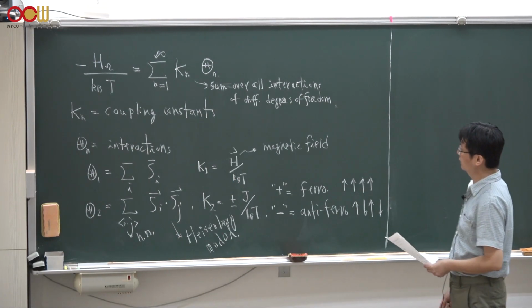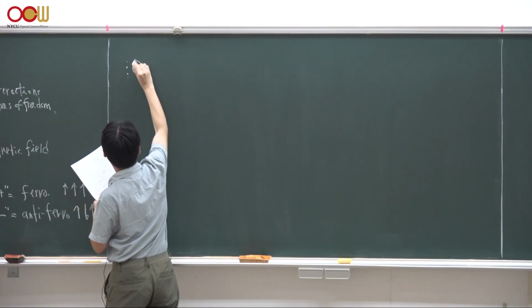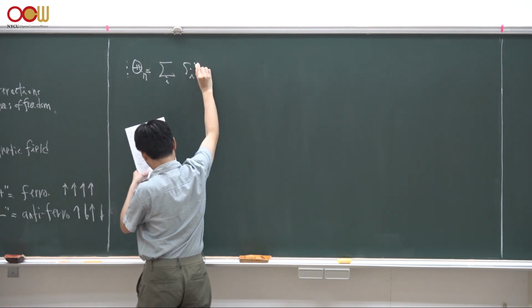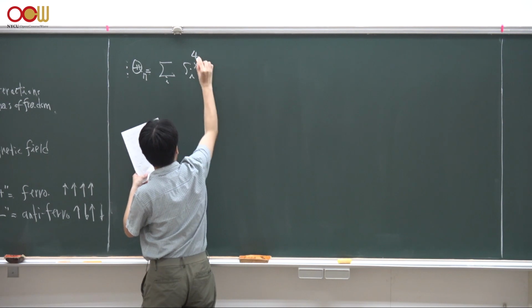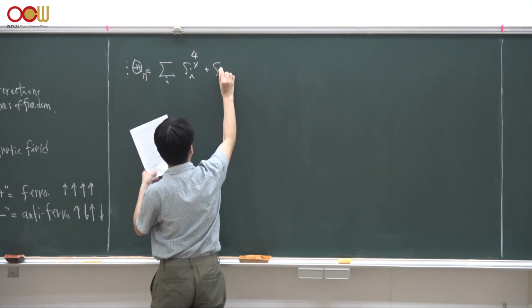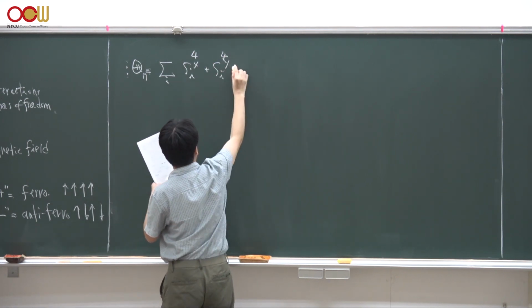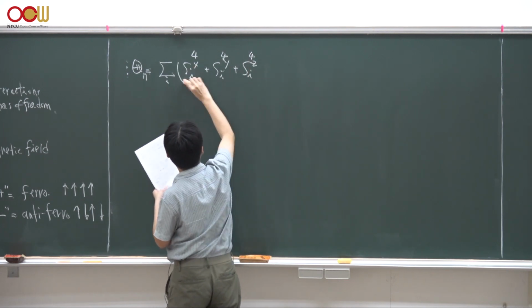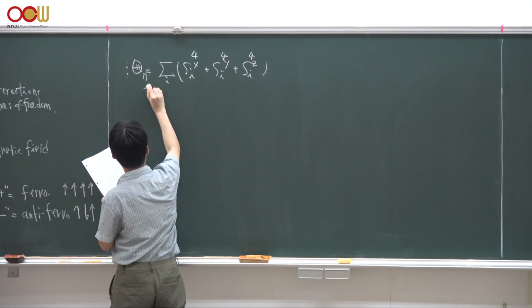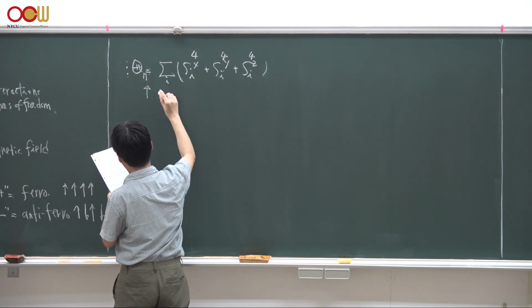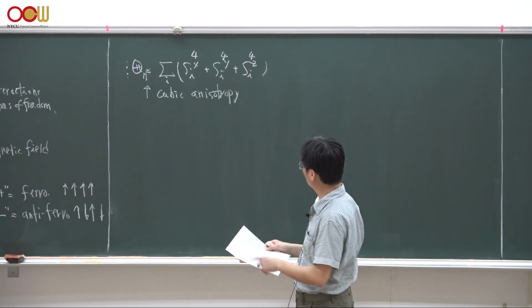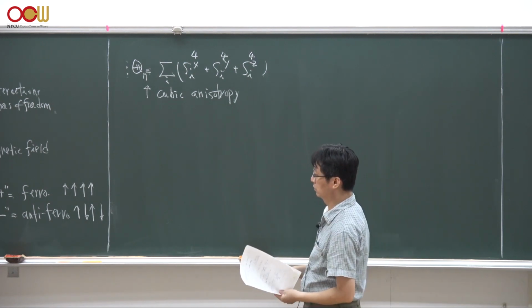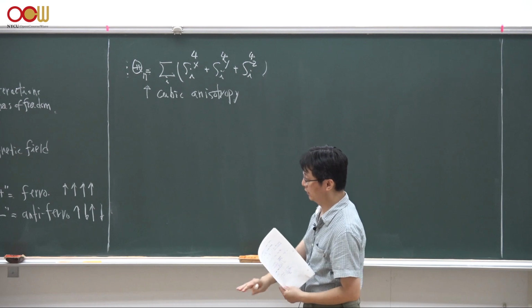And you can imagine that I can have higher degrees of interaction, say theta_n, say S_i x quadratic term plus S_i y quadratic term plus S_i z quadratic term, for a system with cubic anisotropy, where you could show some preferred axis along which the spins are coupled, either an easy axis or an easy plane.